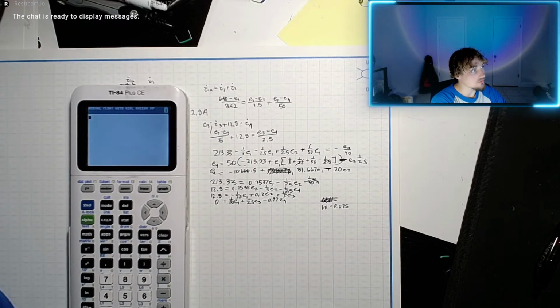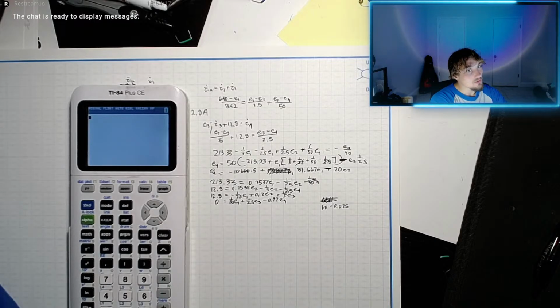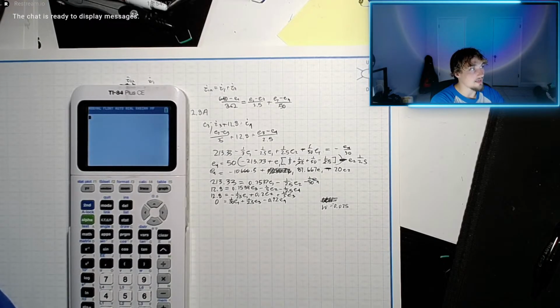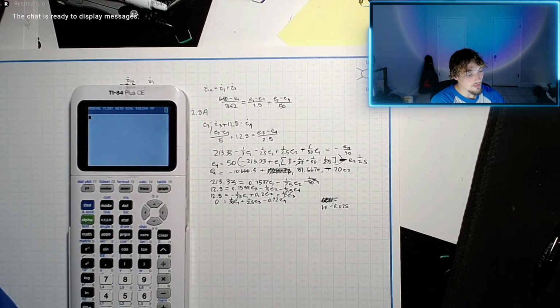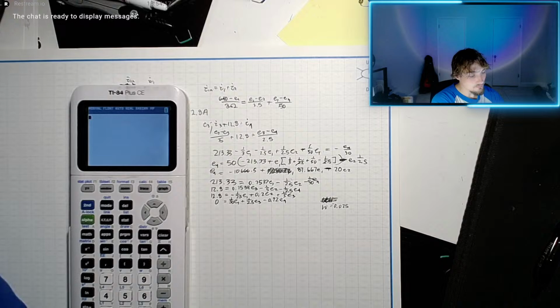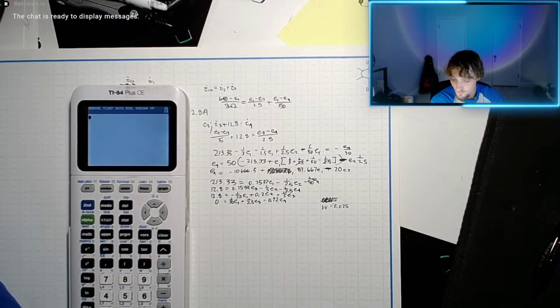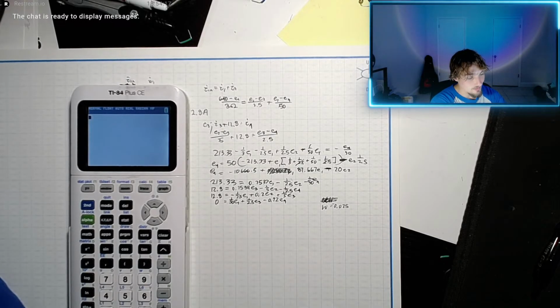How to swap a 4 by 1 vector matrix into a 4 by 4 matrix to use Cramer's rule on the TI-84.